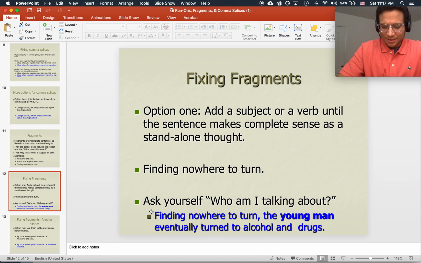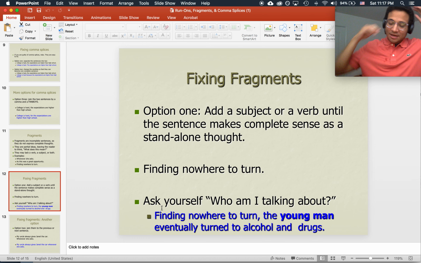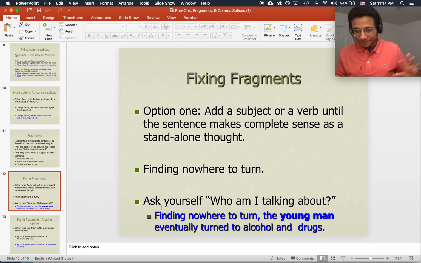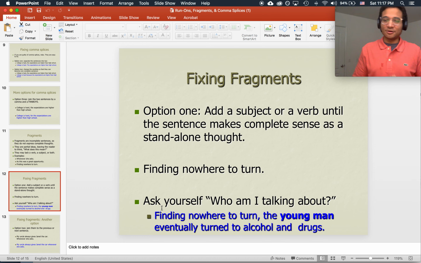Maybe. Okay, so let's return to our example. Finding nowhere to turn, that would have been a fragment if we just left it alone, or a dependent clause. Okay? It's not expressing a complete thought. But if we say it this way, finding nowhere to turn, comma, the young man eventually turned to alcohol and drugs. Oh my goodness, what a sad one. But now, grammatically speaking, it's expressing a complete idea, right?